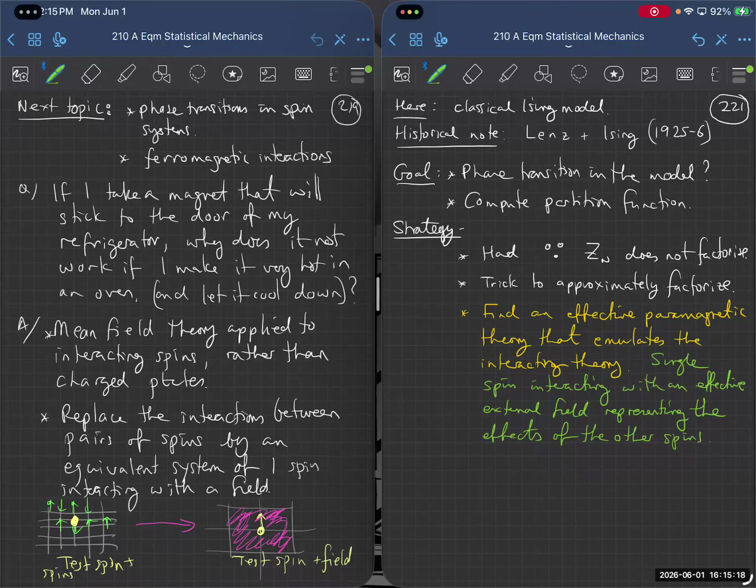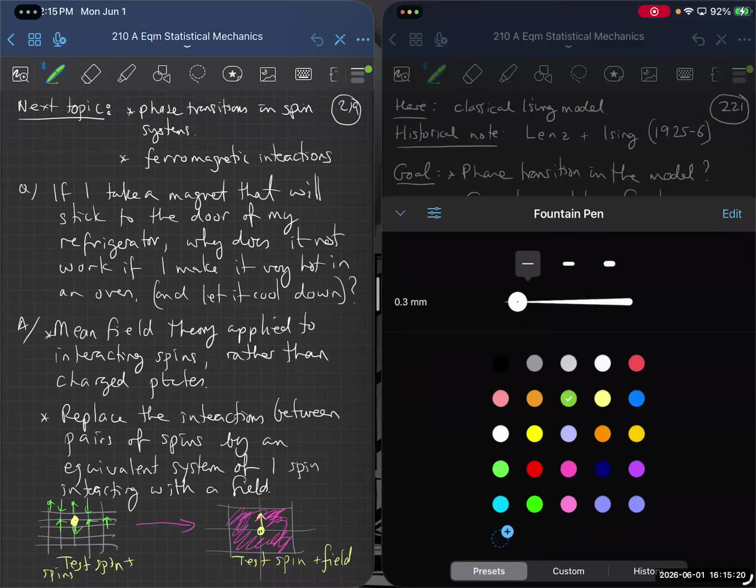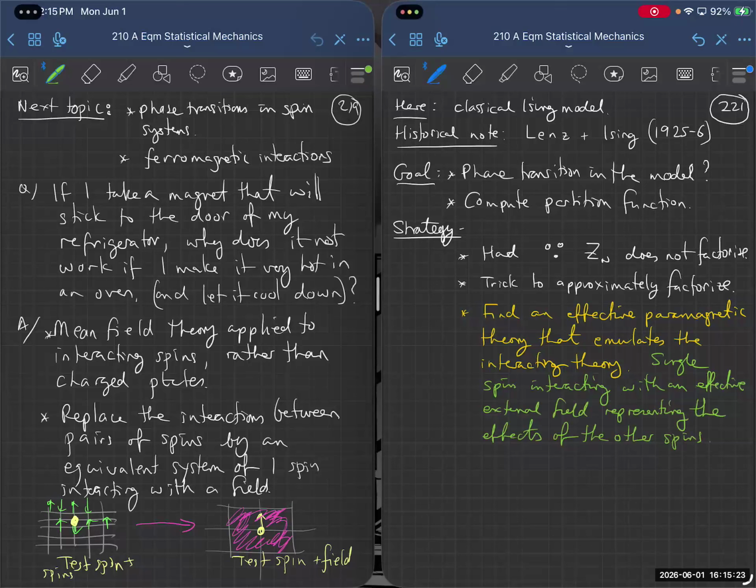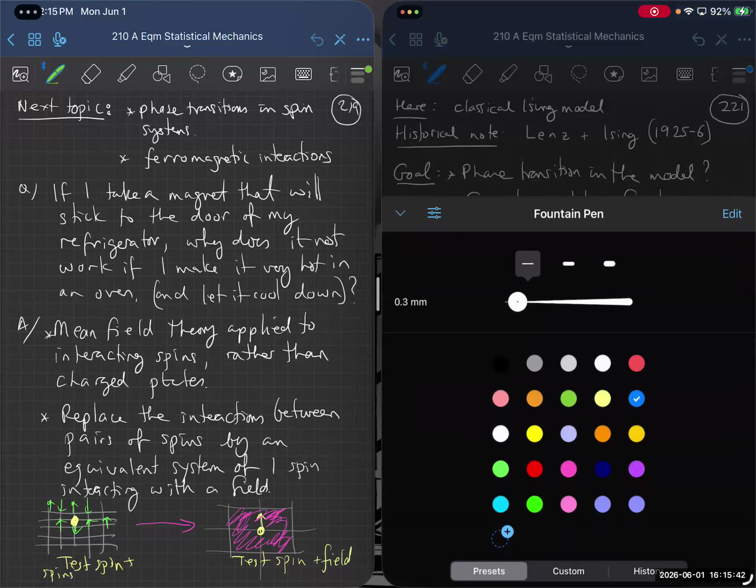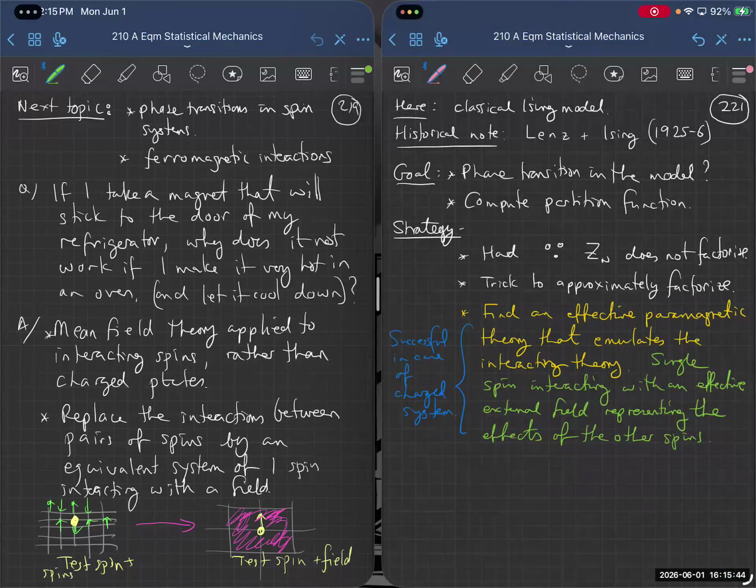And this was why we were going to do that. Well, we know that this strategy was spectacularly successful in the case of the charge system. And so we're going to use that same idea here. What we did in the charge system was we figured out a way to compute that effective field in a principled way.